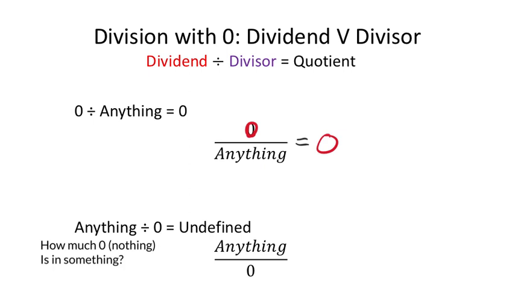Well, that's just not true, because there's a lot of nothing in something, and this is where we get an infinite value, which we just declare as undefined, or, well, you'll see on the assignment is just a D and E situation, okay? So it's important to understand the difference, though. If 0 is your dividend, then your quotient is 0. If 0 is your divisor, like it is down here, then it's a D and E situation.